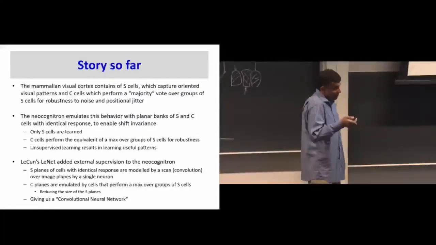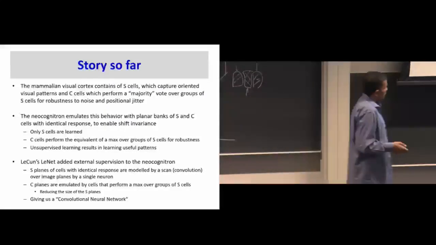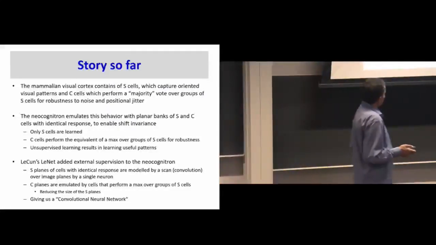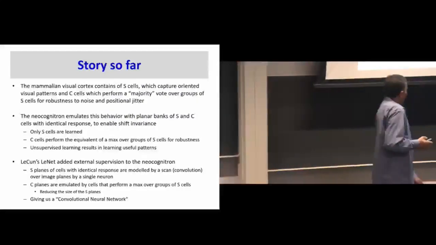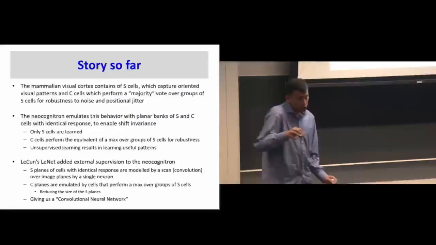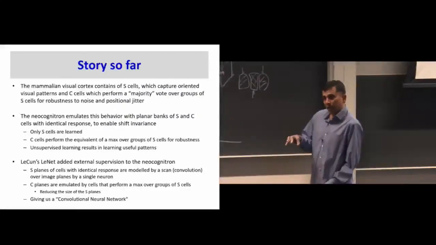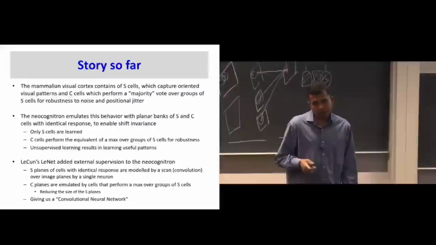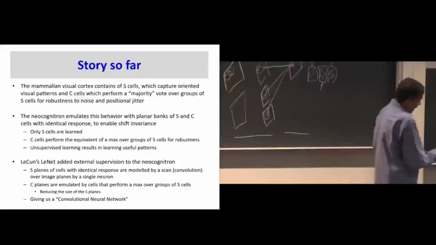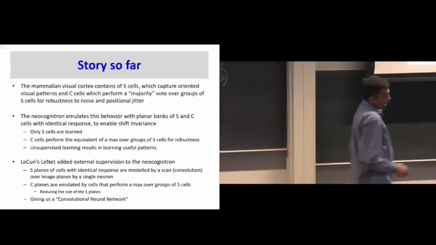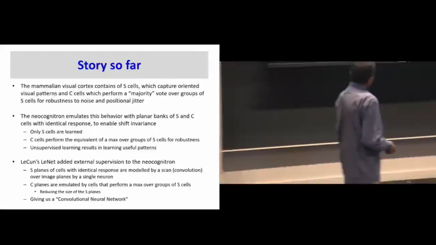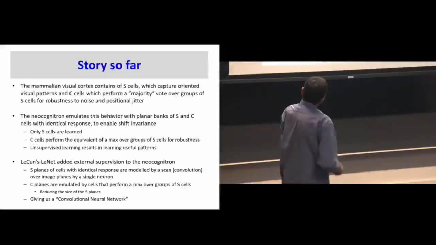Only the S cells are learned, the C cells have a fixed response. And in the original model, it was shown that unsupervised learning results in the learning of useful patterns.